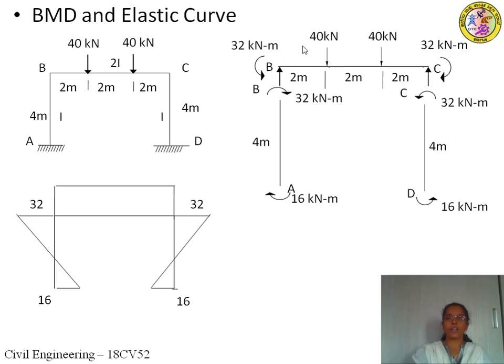If you treat it as a simply supported beam, the reactions will be 40 only. So the bending moment at this point E will be 40 into 2, 80. The shape of the bending moment diagram will be trapezoidal.